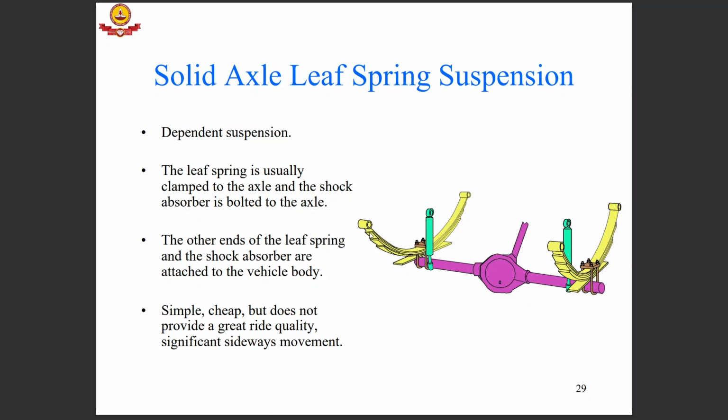When the deformation of these leaves goes too high, this additional spring or set of springs will come into play to significantly increase the stiffness. These are simple and cheap, but do not provide great ride quality, and have significant sideway movement.